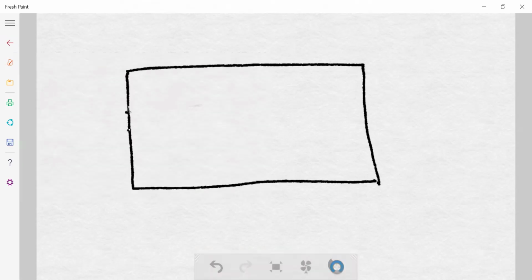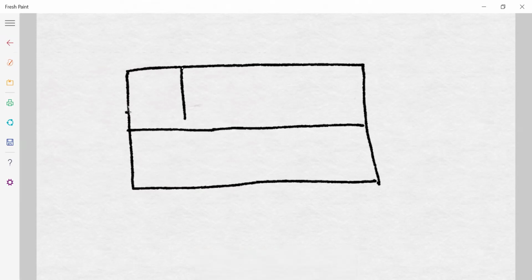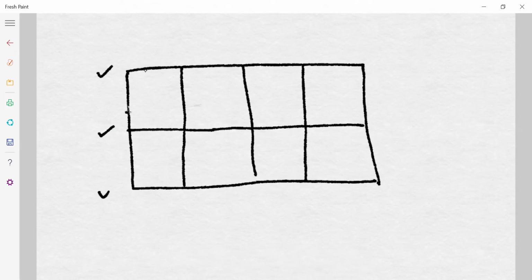So 3 rows, 1, 2, 3, and 5 columns, 1, 2, 3, 4, 5 columns. So the panels we get like this.